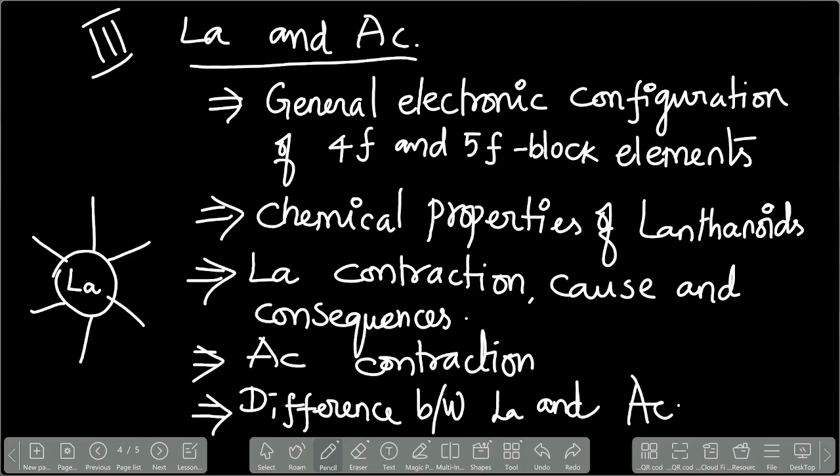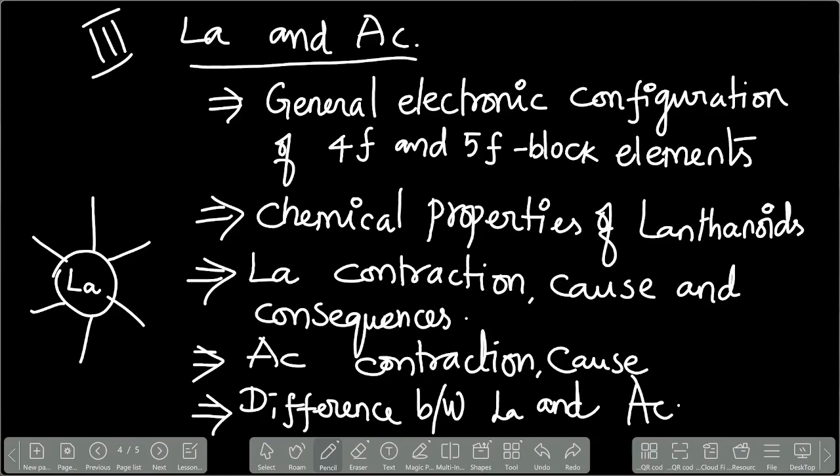And what is the cause for lanthanide contraction and actinide contraction? Imperfect shielding of 4f orbital. Actually, that is also not exact. See, it is imperfect shielding of 4f electrons by one another in the same shell, same subshell.